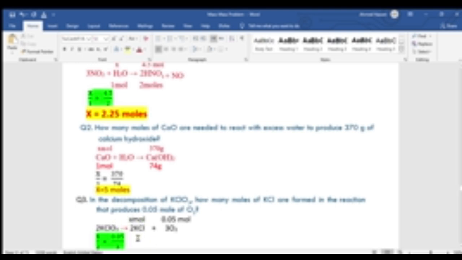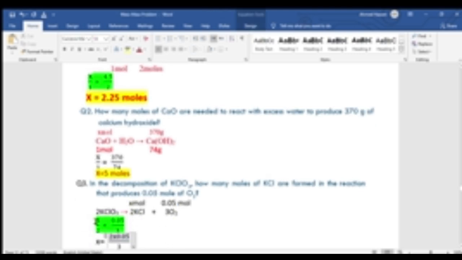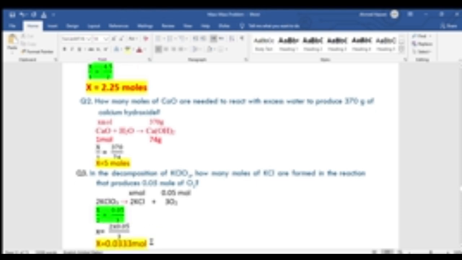Therefore, you should write 2 below potassium chloride and 3 below oxygen. That means x over 2 is equal to 0.05 over 3, and x is equal to 2 times 0.05 over 3, which is nearly 0.033.